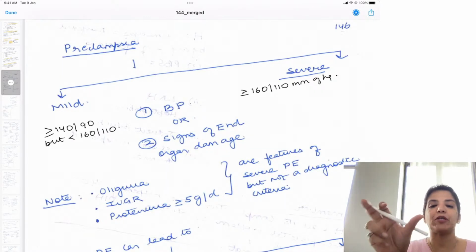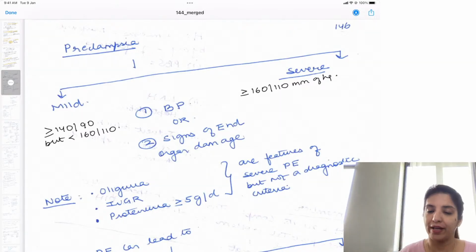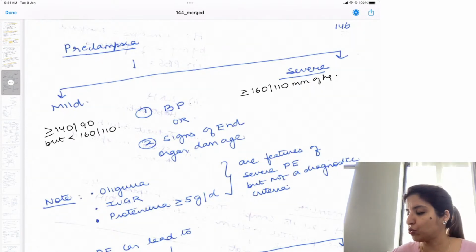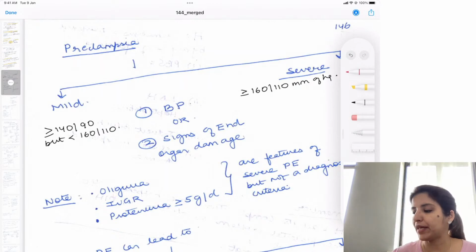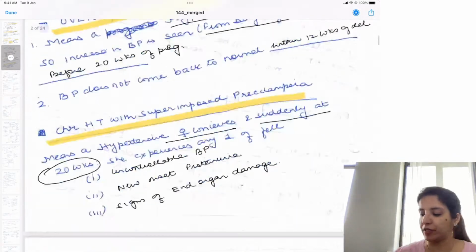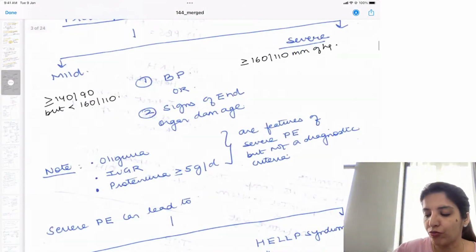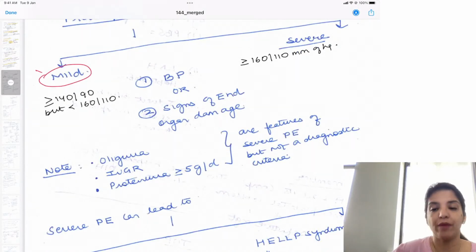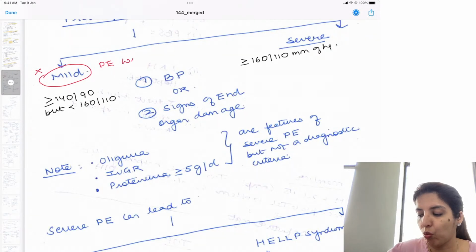Either systolic BP should become more than equal to 160 or diastolic BP should become more than equal to 110 or both. Now these days we do not use the term mild preeclampsia and severe preeclampsia. Instead of the term mild preeclampsia, now we use the term preeclampsia without severe features.